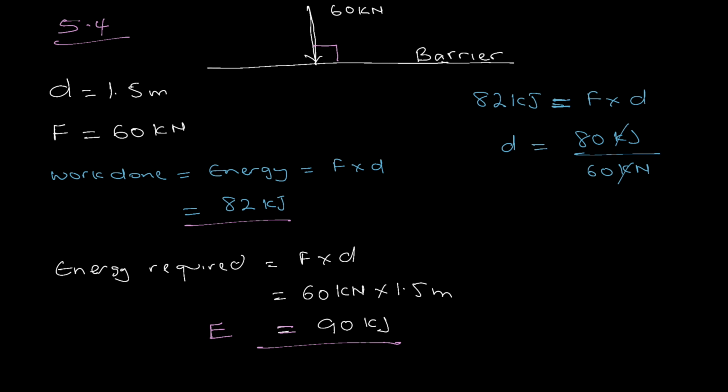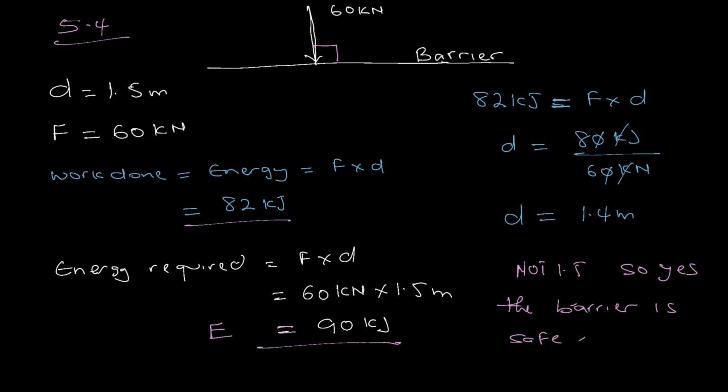Obviously the k's cancel out, and the distance that it will move is 1.4 meters. So that is less than 1.5. It will not be able to move 1.5 meters, so that is safe. So we can then say that since it's not 1.5, yes, the barrier is safe enough.